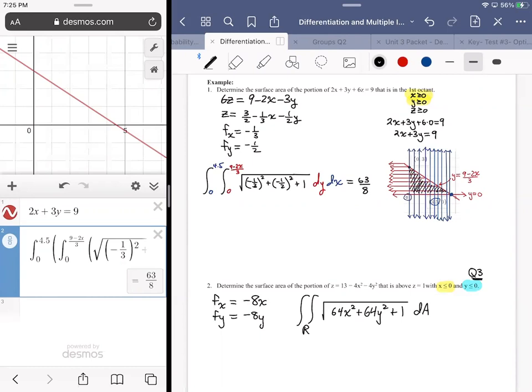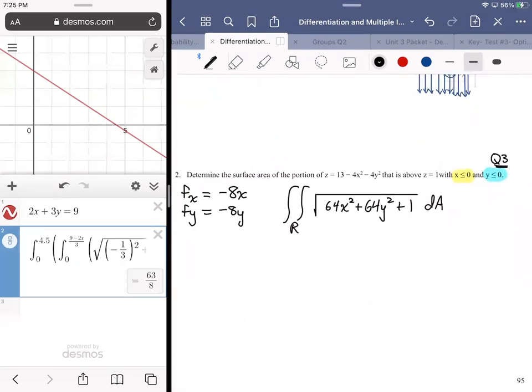Now, the big question that we have here is the same as the big question before: rectangular, cylindrical, spherical? Because of the presence of the x squared and y squared, and we don't have a z squared. If we had x squared, y squared, z squared, I'd be thinking spherical. But because I only have x squared, y squared, I'm thinking cylindrical. So I play that out logically and say, if I do that, I've got my double integral over the interval of r.